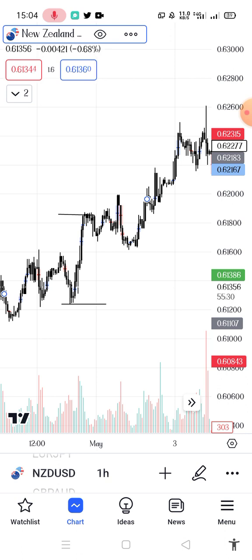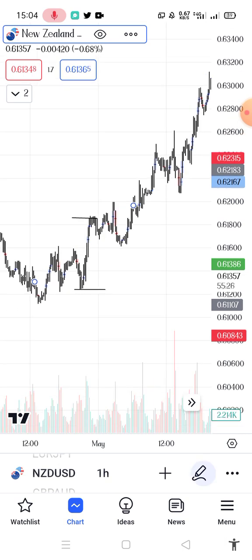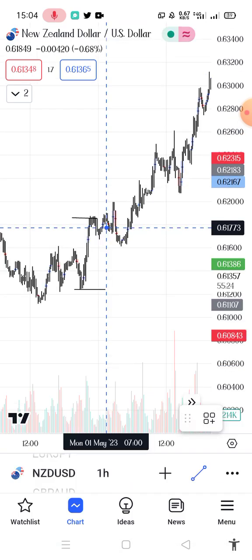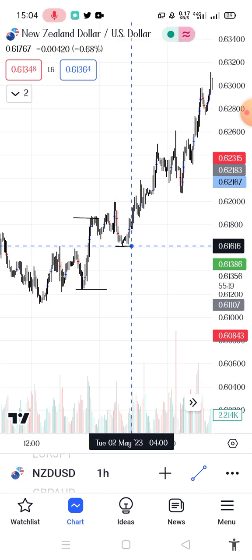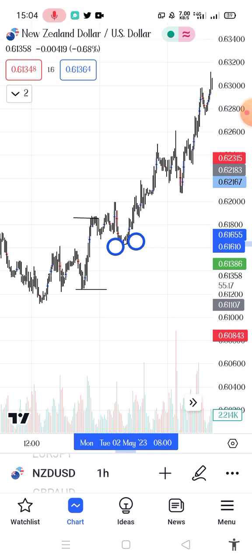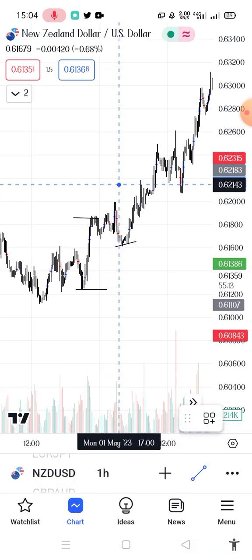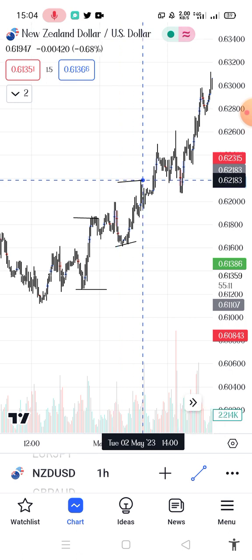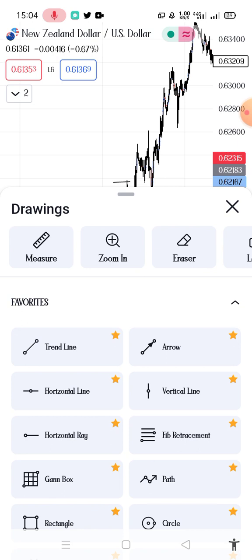And higher low, right? And higher high. So this is how it moves. Let me use this so it will be better.